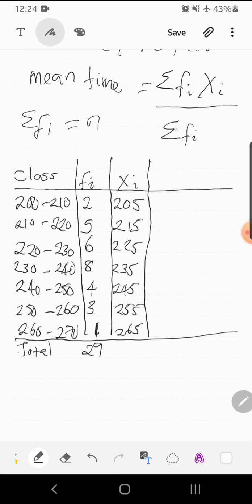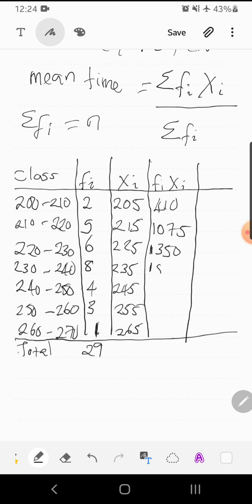Now according to the formula, we have to multiply fi times xi. So you multiply 2 by 205 here. This is our fi multiplied by xi. So this is 410. 5 times 215 gives you 1075. Here we have 1350.